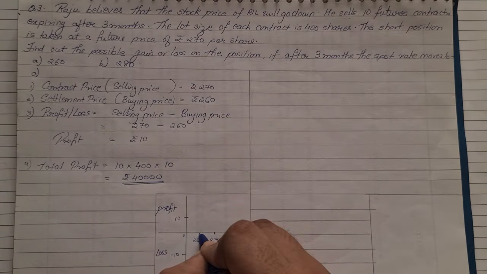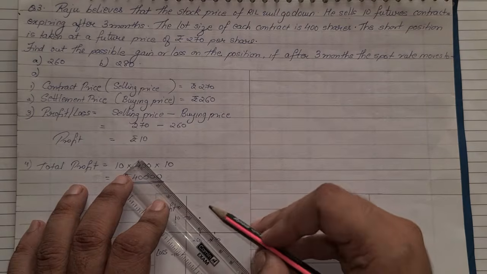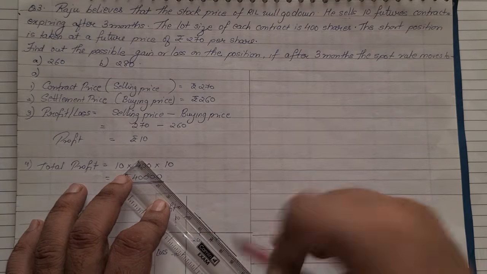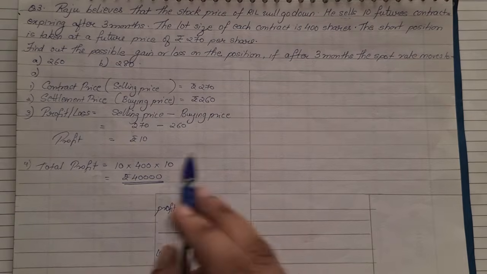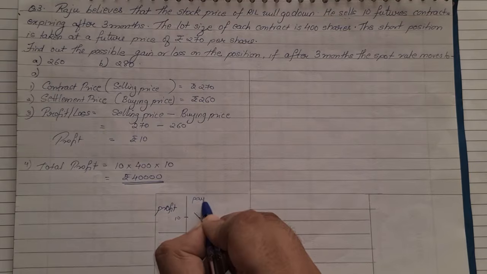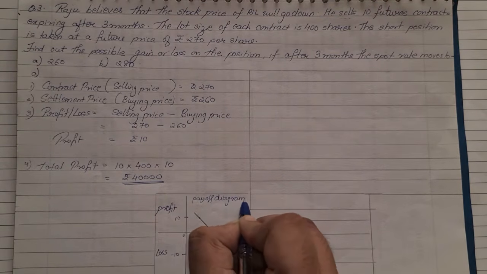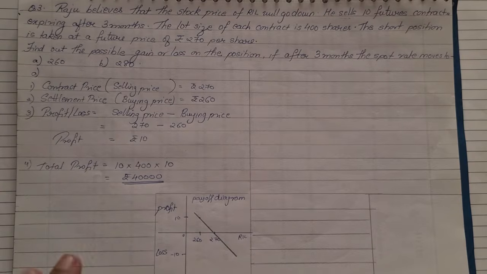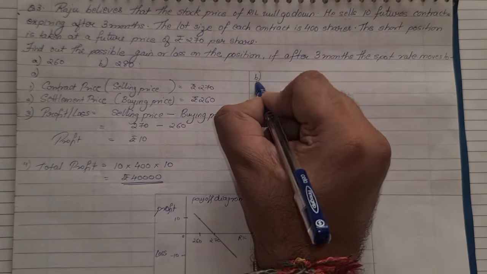On my settlement we made a profit of 10, so we marked it. From that point we will be drawing a curve passing through the contract price, and that will be our payoff diagram. This is Reliance ka future, so Reliance. Okay, and this is my payoff diagram. Okay, very simple.